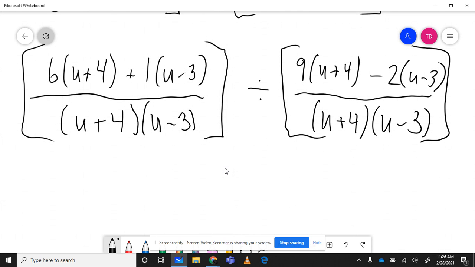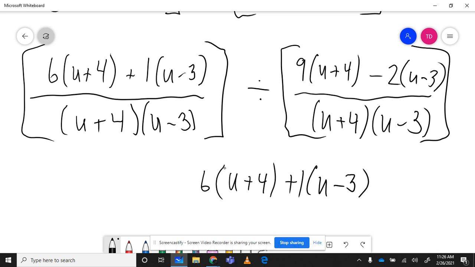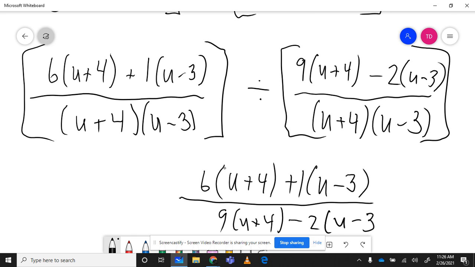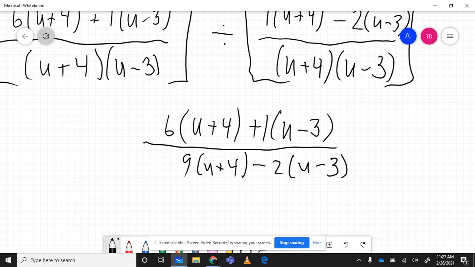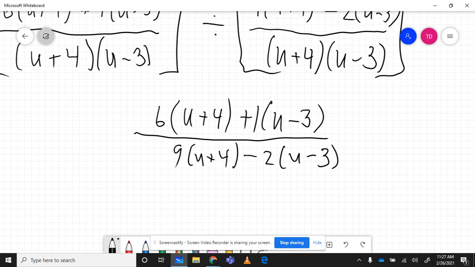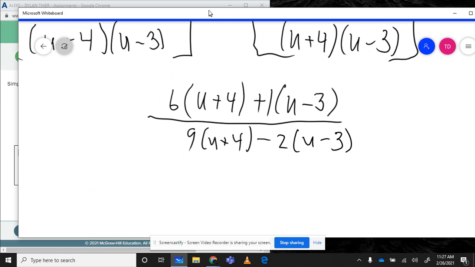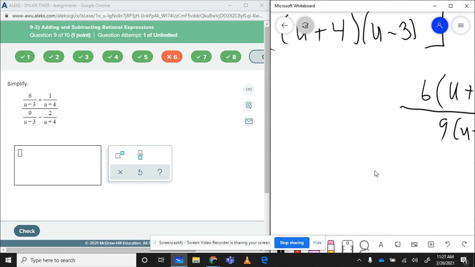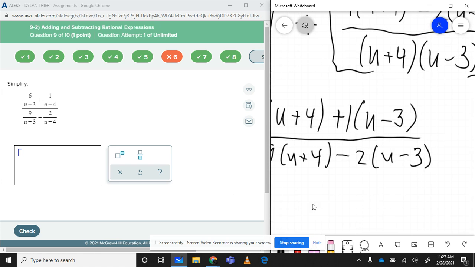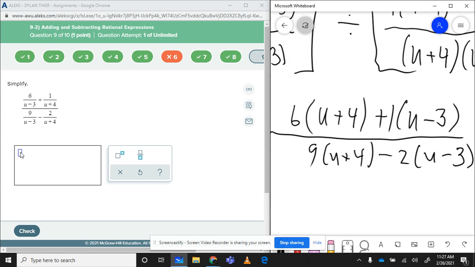And my final fraction will just be 6 times u plus 4 plus u minus 3 over 9 times u plus 4 minus 2 times u minus 3. Let's just put that in and see if they're happy with that. That might be as much simplifying as is going to occur on that one.